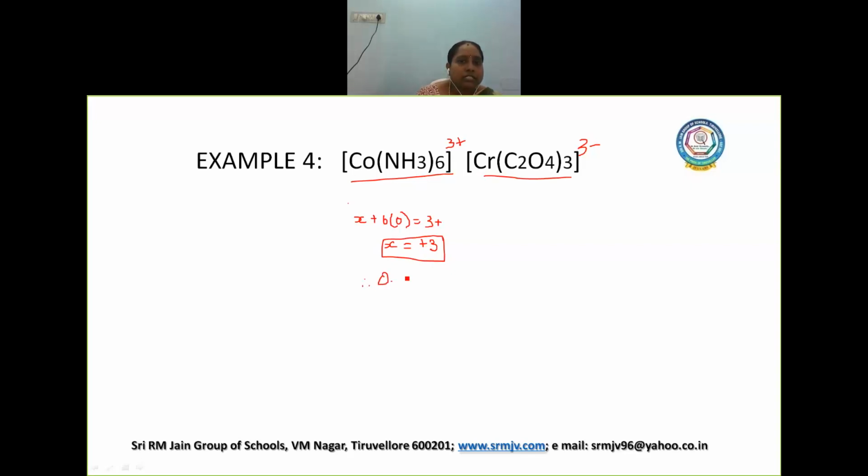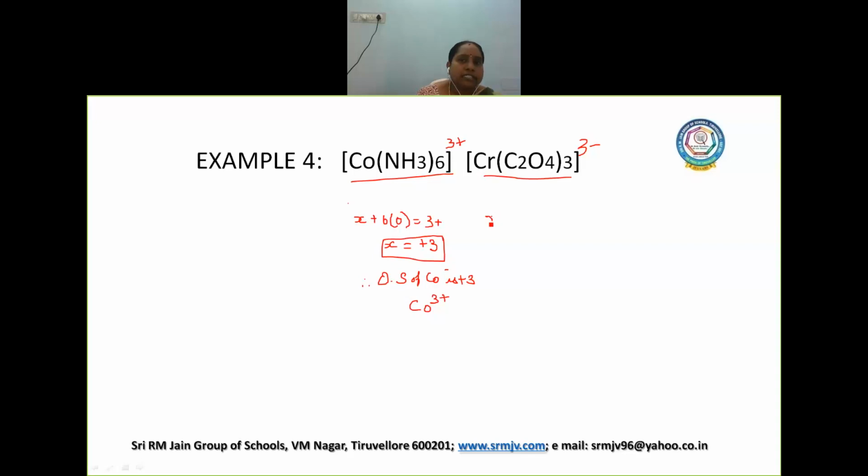Therefore, oxidation state of cobalt is plus 3. So we can write cobalt as Co3 plus ion. Can you understand, children? Okay. Now let us go to the next one, second complex. Here in this complex, we have chromium as our central metal atom.